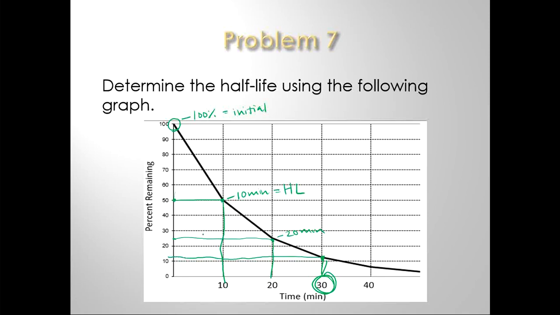And so that would be right around 13% remaining, right? How much time did it take for 70% to remain? So that would be right around maybe 8 minutes, 7 minutes. And that's it for half-life.